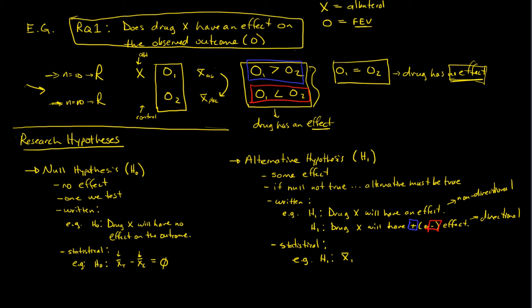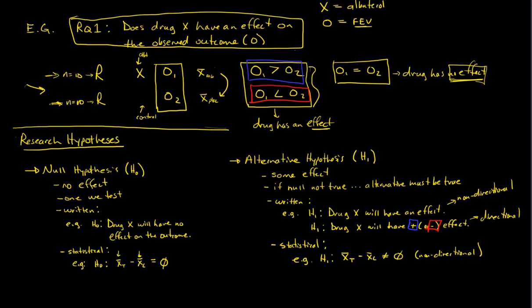The mean of the treatment group minus the mean of the control group does not equal 0. So that would be the non-directional version, kind of equivalent to the null hypothesis you see over here directly to the left.